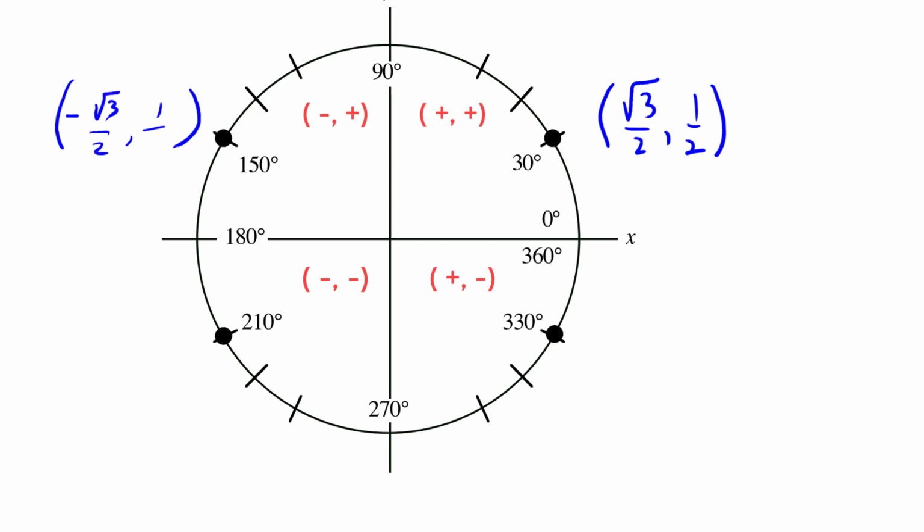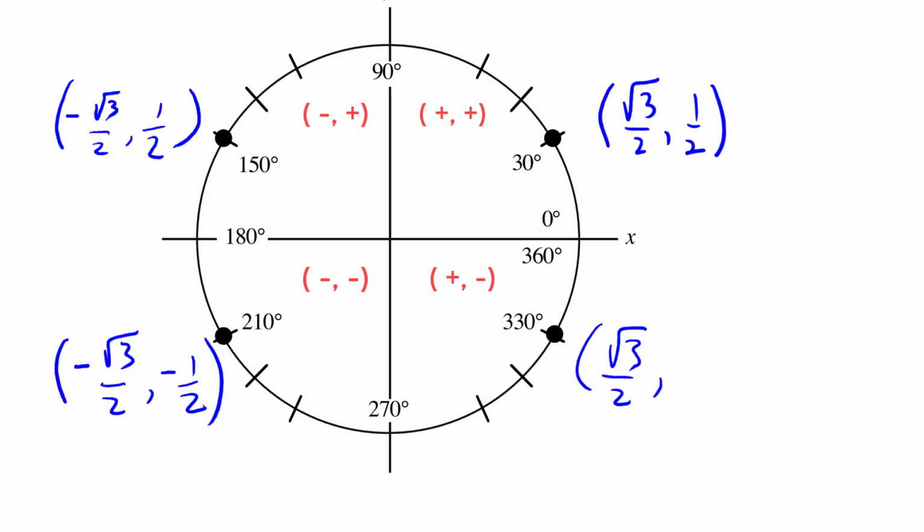And the y value is a positive 1/2. At 210 degrees in quadrant 3, they're both negative. Negative square root of 3 over 2, comma, negative 1/2. Likewise, in quadrant 4, the x is positive, and that's square root of 3 over 2 and a negative 1/2 for y.